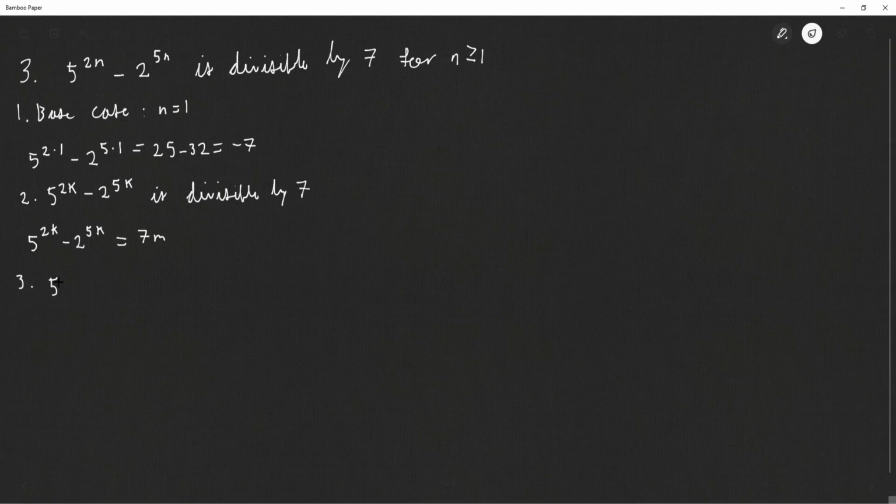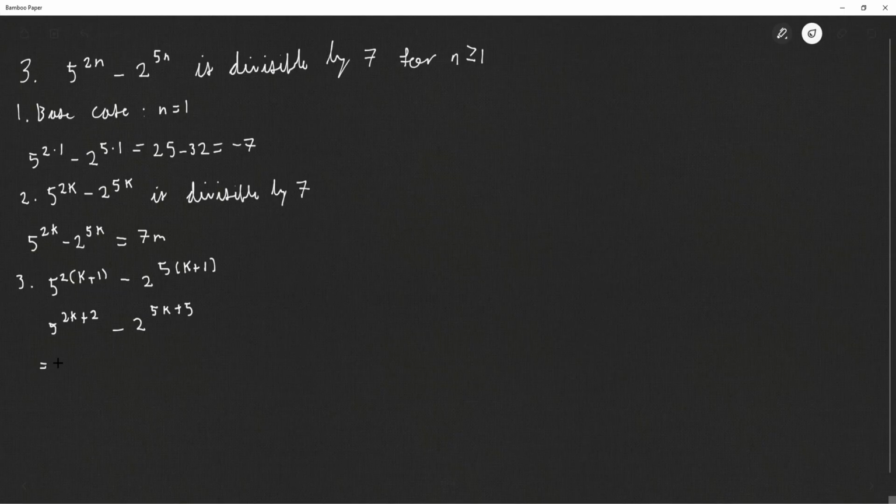So we want to prove that 5 to the power of 2 times k plus 1 minus 2 to the power of 5 times k plus 1 is divisible by 7. So we can start off by expanding this. So we get 5 to the power of 2k plus 2 minus 2 to the power of 5k plus 5.